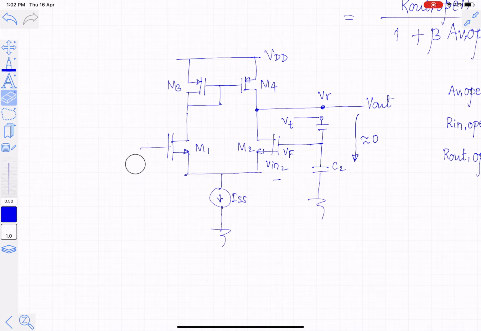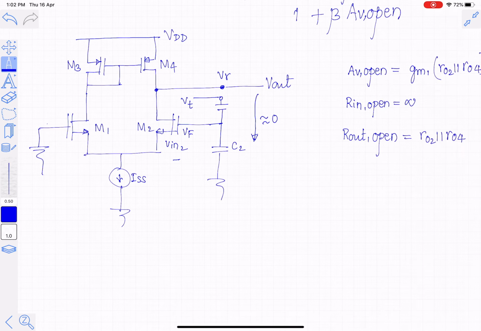So on this side, this input signal should be made 0 to find out the loop gain. The voltage at this point X, I will call it Vx. Vx is equal to Vt times C1 upon C1 plus C2.